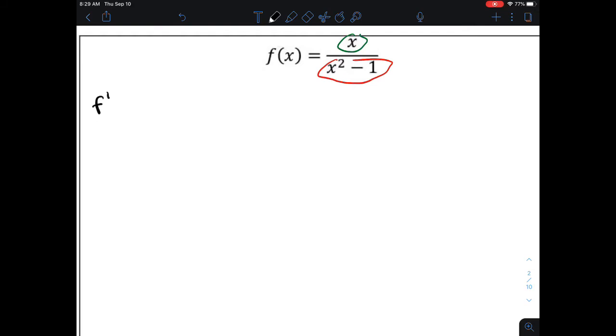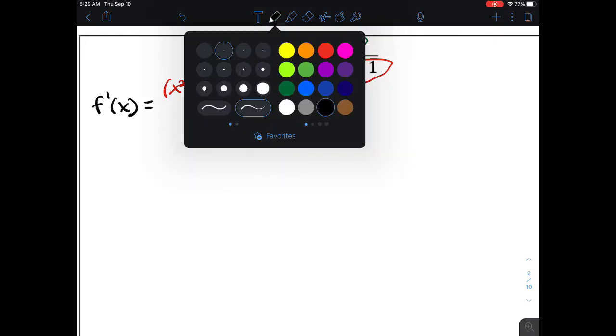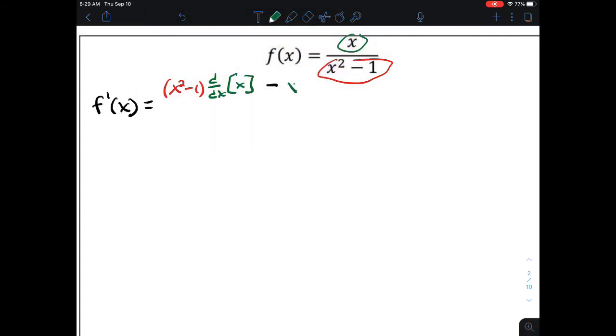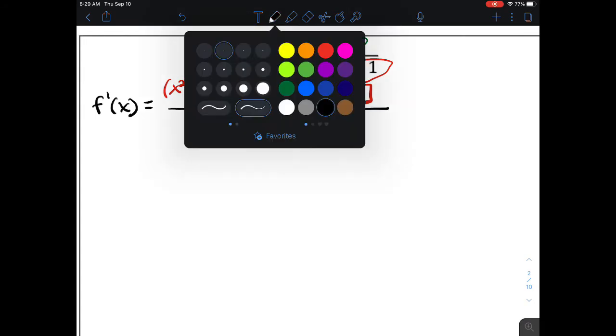And so f prime of x is going to equal bottom, so x squared minus 1, times the derivative of the top, so d over dx of x, minus top times the derivative of the bottom, so times d over dx of x squared minus 1, all over bottom squared.